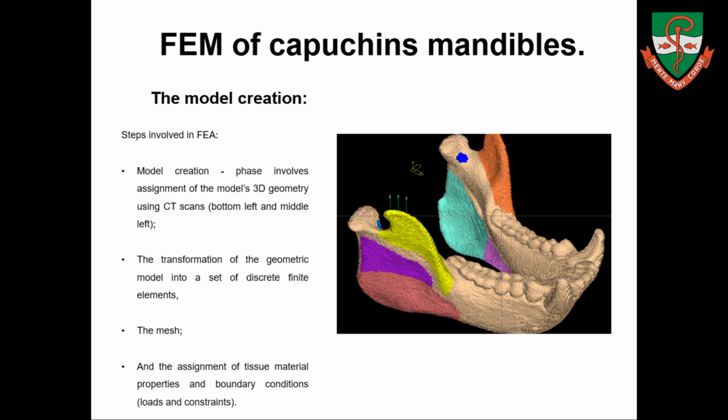They got the CT scan and they transformed the geometry into a discrete finite element model, created the mesh, and assigned the tissue material properties and the boundary conditions. And I will talk a little bit about that in the next slides.